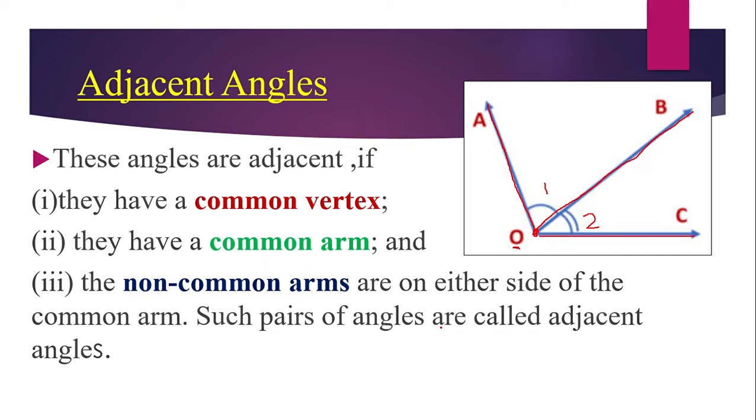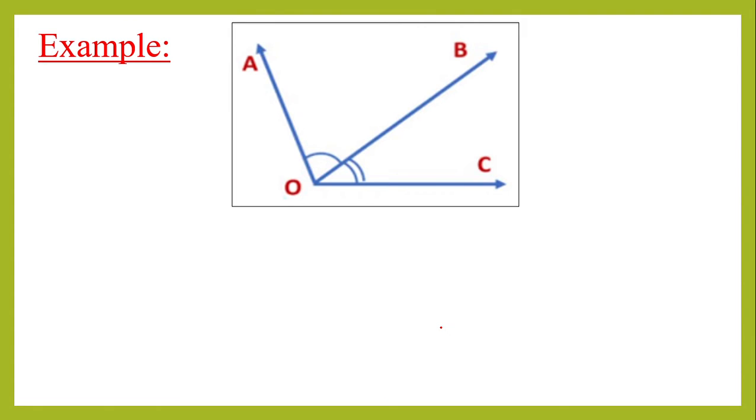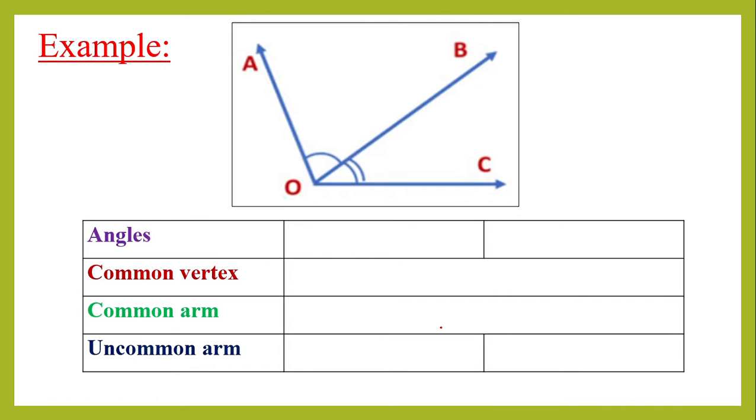Let's understand with a few more examples related to adjacent angles. So basically, I'm taking the same example. Now what you have to do? You have to fill this table. So firstly, you have to identify what those angles are. So here is angle AOB. Another we have is angle BOC. These are the two angles we can find, 1 and 2.